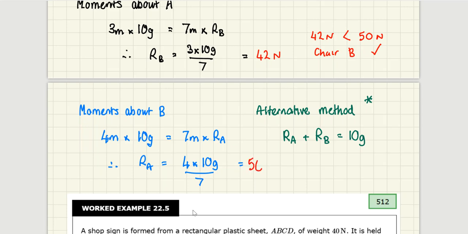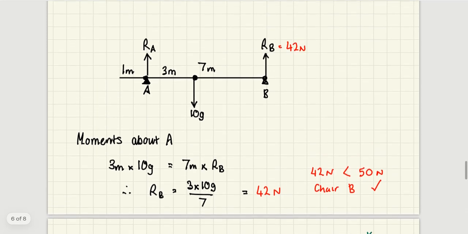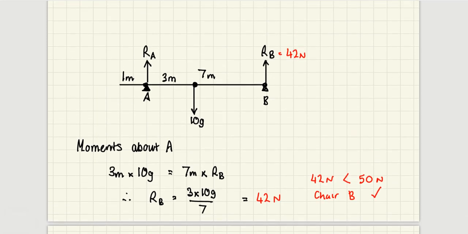Okay, 56 newtons. But as Reggie was just saying, like you were doing earlier on in the course, this reaction force A and this reaction force B are directly against this 10g, acting in opposite directions.